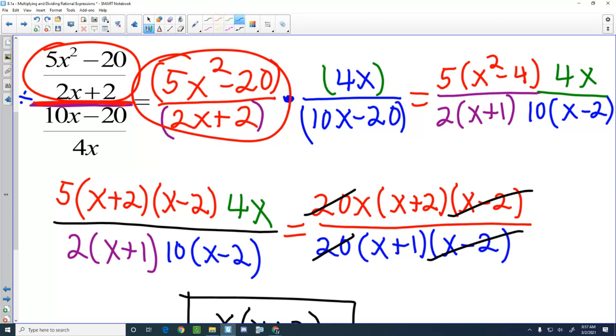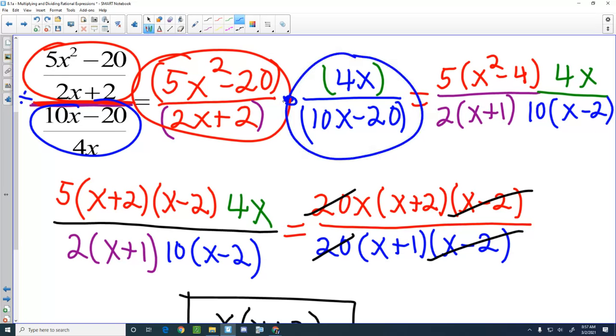But this denominator, I did flip right here because I changed it to multiplication. So this 10x minus 20, it was technically in the numerator of this fraction, but look at how I moved it to the denominator of that fraction. That's where I flipped it back in the very, very first step. And that's what you want to do. Get rid of the division sign right away and make it a multiplication problem.